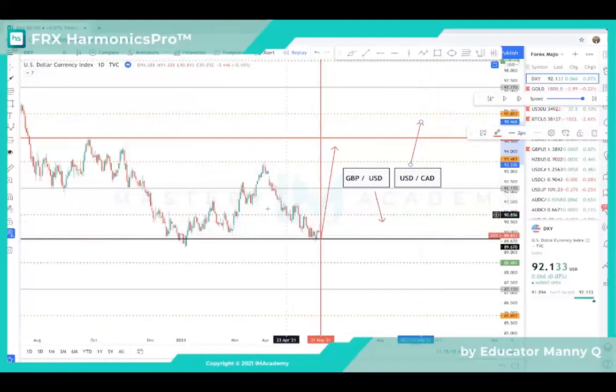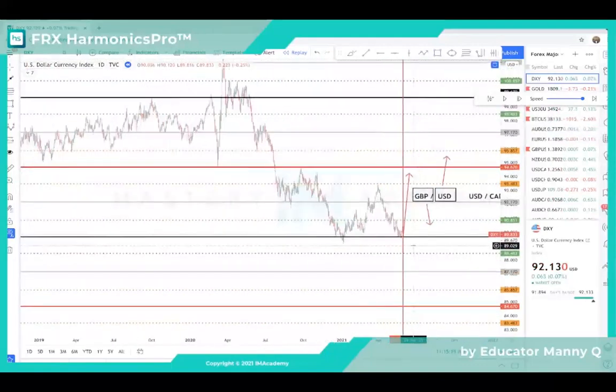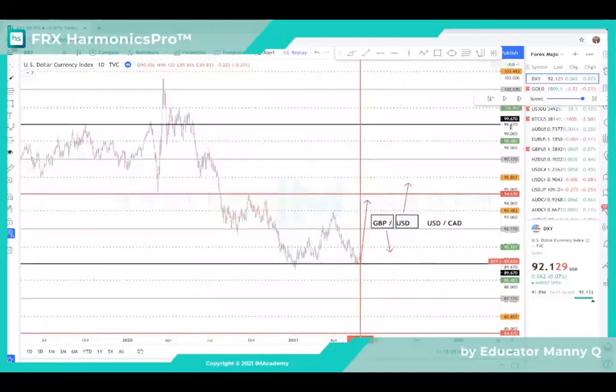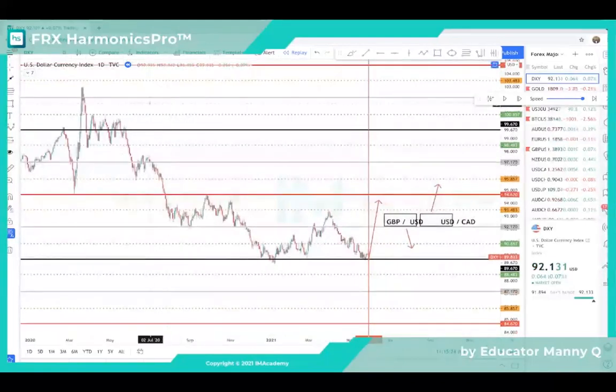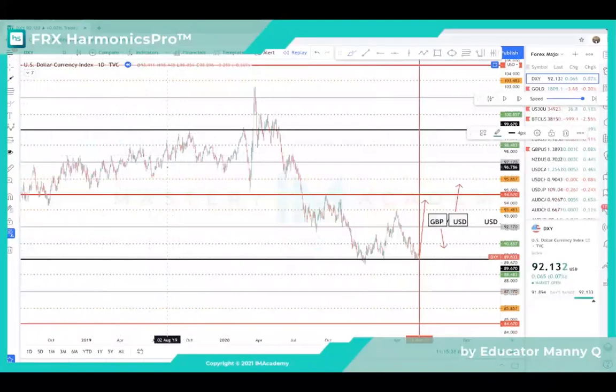So if we can analyze this DXY, and as we can see here on this DXY, what do we have over here? Again, look at the market phases. I really hope that this is making sense to you guys, okay? Because it's just the same exact thing. Look, you have a bigger M over here.